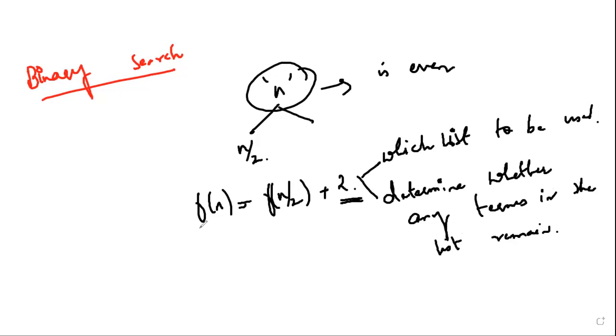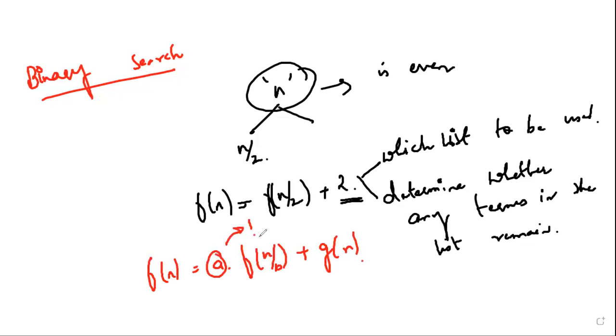So how do we represent it with respect to our divide and conquer recurrence relation? What is the general equation that I wrote earlier? F of n is equal to a into f of n by b plus g of n. A over here is 1. We are dividing the problem into only one subproblem; we will select either the right side or the left side.